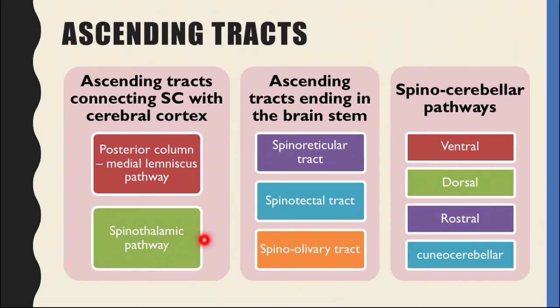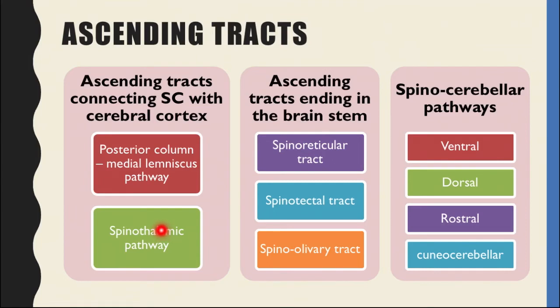Then there are very few other tracts, which either end at the brainstem or end in the cerebellum. The major chunk ends within the cerebral cortex, these two types: dorsal column and anterolateral.